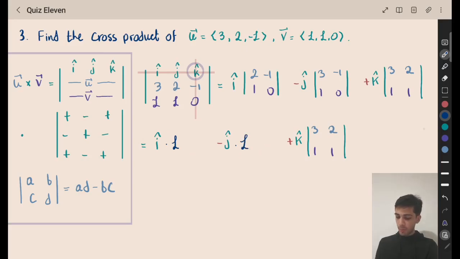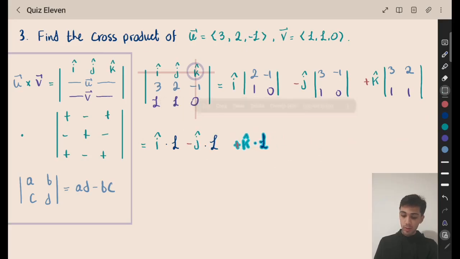And then I do AD minus BC, I get 1. So this should be the answer, if I have not done any mistake. So let me check this. It seems that I have not done any mistake, which makes me very happy.